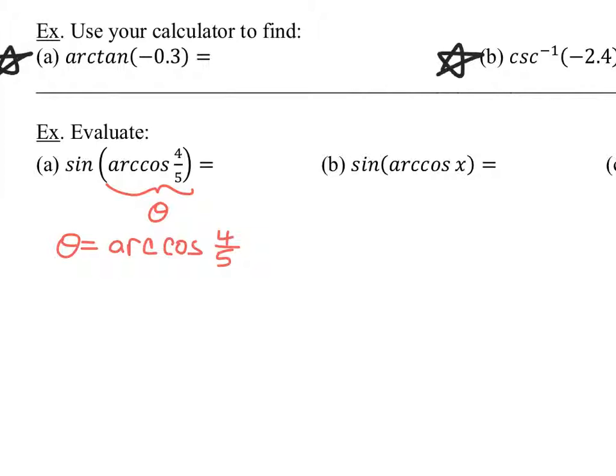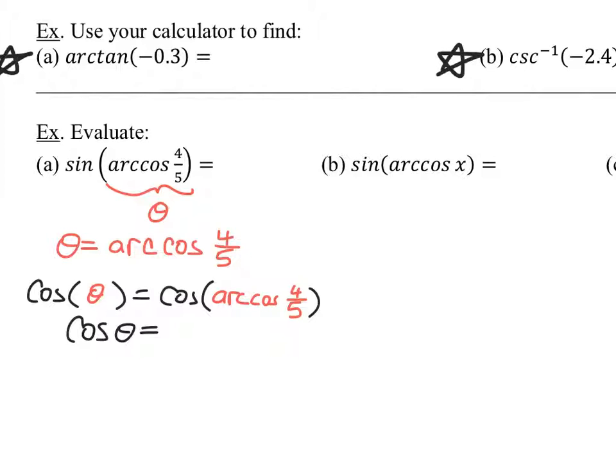So what I'm going to do is take the cosine of both sides of this equation. So I'm just taking the cosine of both sides. All right, so on the left-hand side, it becomes cosine of theta.